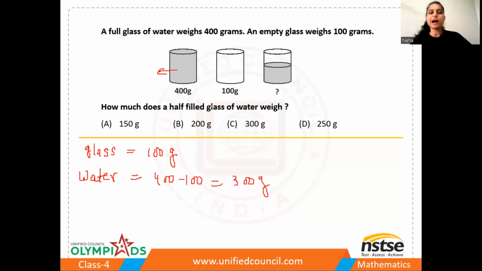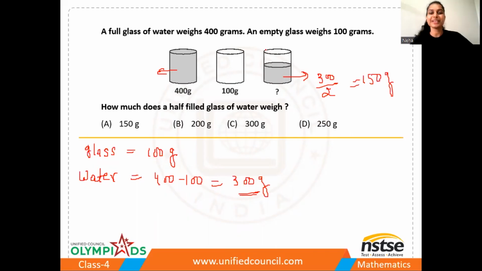Now what is the question asking? How much does a half-filled glass of water weigh? So this glass is half full. A full glass of water weighs 300 grams, so half a glass of water weighs 300 divided by 2, which is 150 grams.